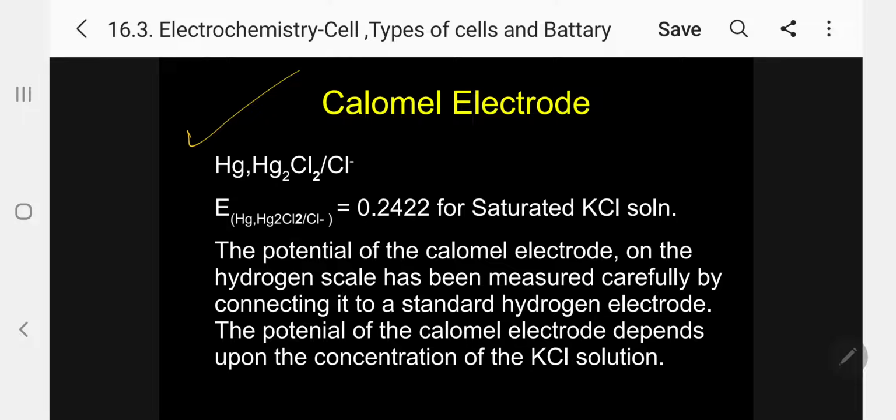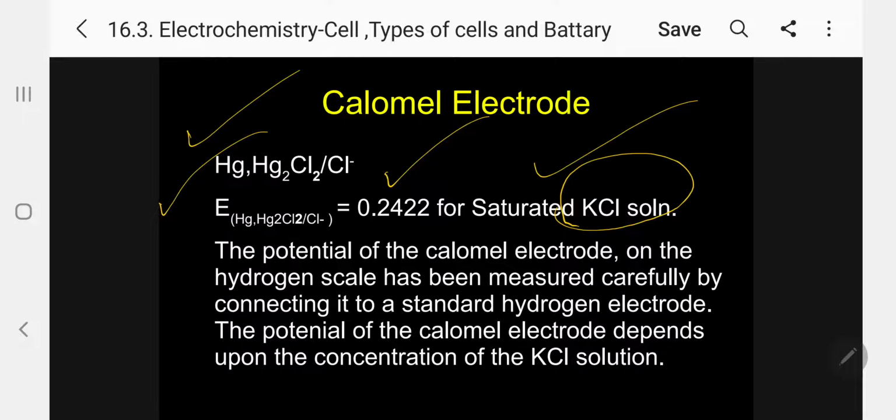The representation is mercury, mercurous chloride, Cl minus. This is the E of that particular electrode potential: 0.2422 for saturated potassium chloride solution. Please follow. Inside we are using potassium chloride, a saturated solution.